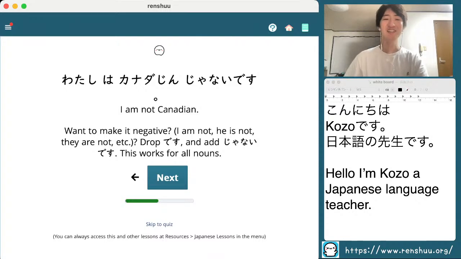Watashi wa Kanada-jin ja nai desu. I'm not Canadian. So if you want to make it negative, I am not, he is not, they are not, you put janai before desu. 私は顔じゃないです。彼は小僧じゃないです。カナダ人.